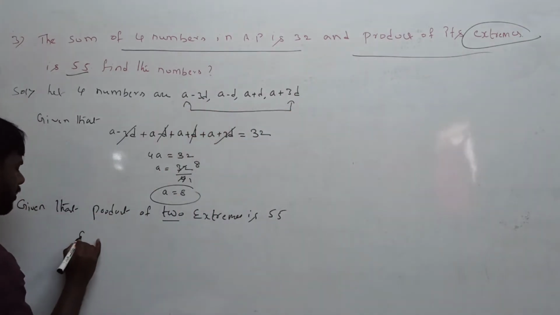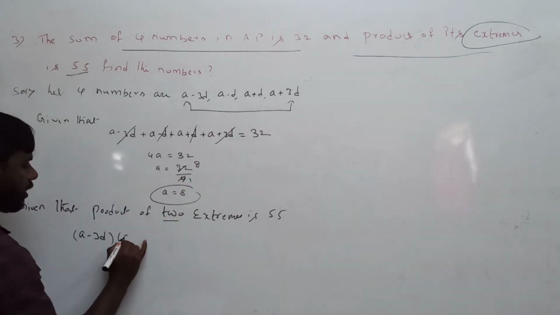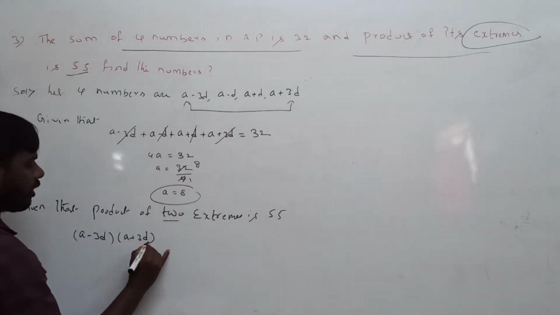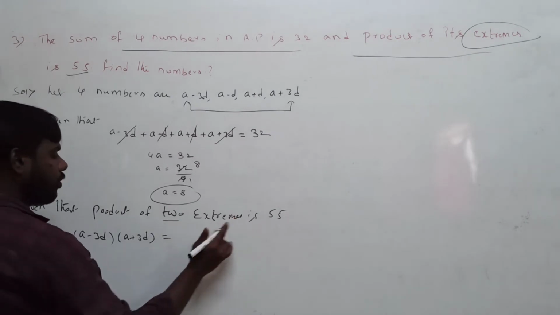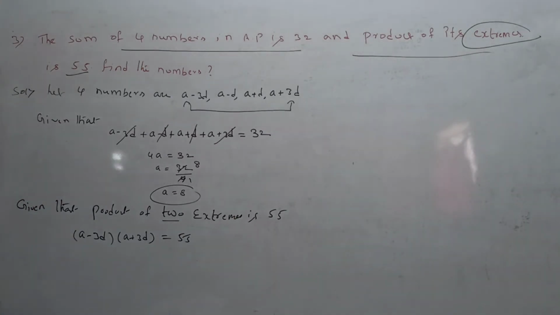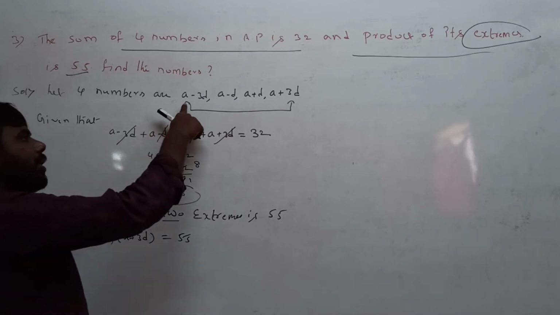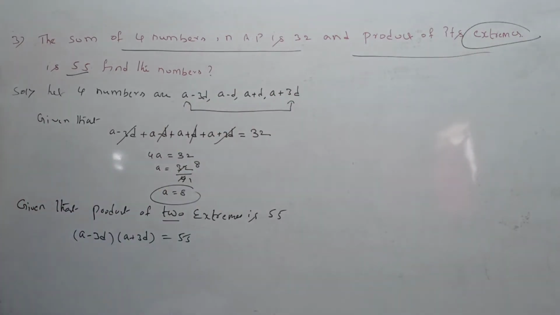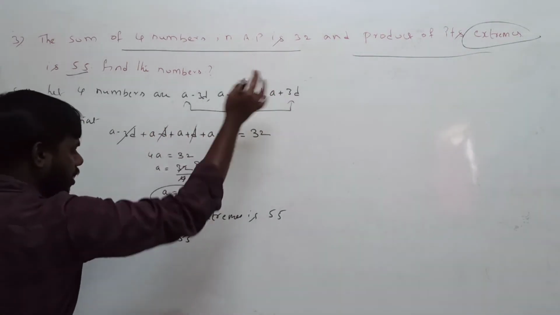First element is a minus 3d, last element is a plus 3d. The product of two extreme values is equal to 55. In the previous question the product of extremes was not mentioned, but here it is, so we multiply only the first element and the last element.